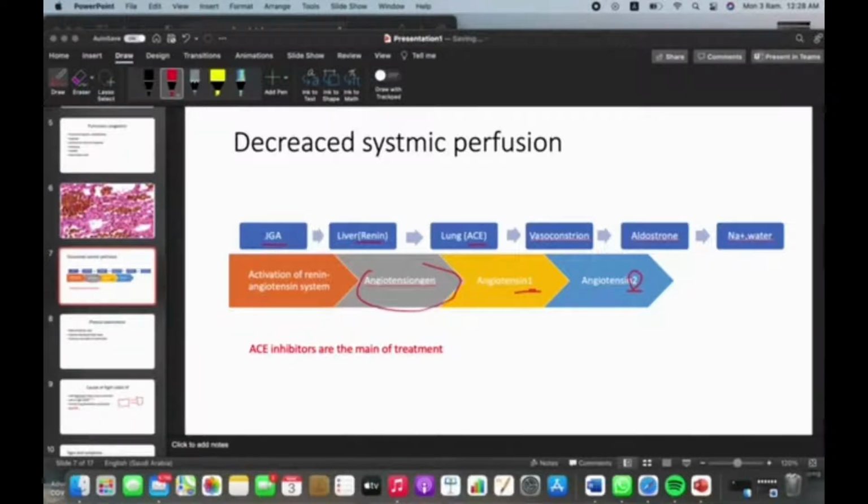First, it will cause direct vasoconstriction of blood vessels. The second will lead to secretion of aldosterone from the suprarenal gland. Aldosterone will cause sodium and water reabsorption. So all these changes will exacerbate the heart failure. One of the mainstay treatments of heart failure is ACE inhibitors, so we can block this process.